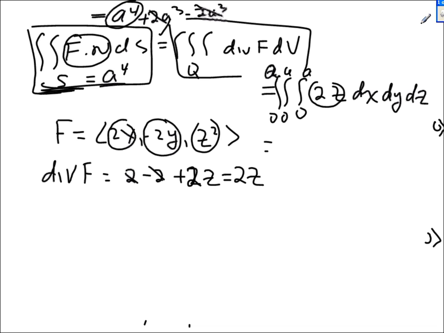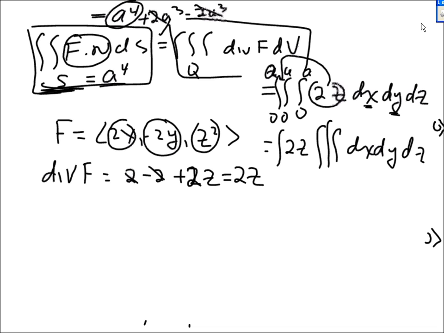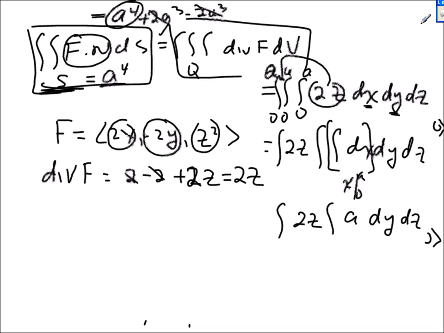This, being not a function of x or y, can come in front of two integrals. 2z, double integral dx, dy, dz. This innermost integral is just x from 0 to a, which is just a. The a can come in front. How about 2az?